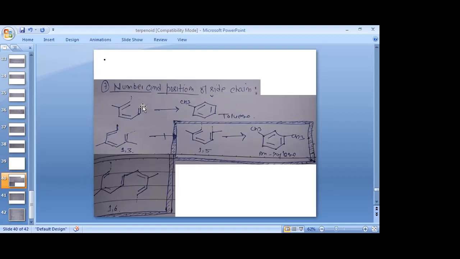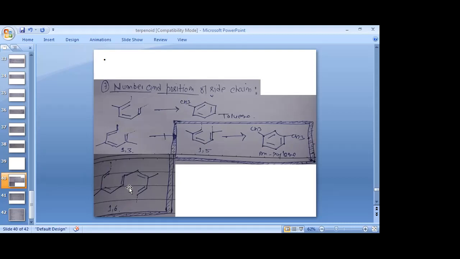And if you do their cyclization, they finally convert into products like toluene. They also convert into metaxylene, right? And this also converts into, if one group comes at this position and the second group, 1,6-dimethyl naphthalene.